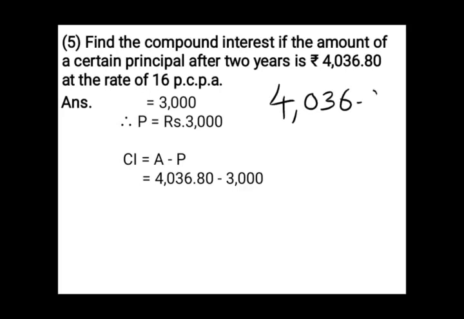Now I am subtracting the numbers. 4036.80 minus 3000. The number 3000 doesn't have a decimal point, so you have to take 3000.00 if you don't have a decimal point. Okay, and then you have to subtract.